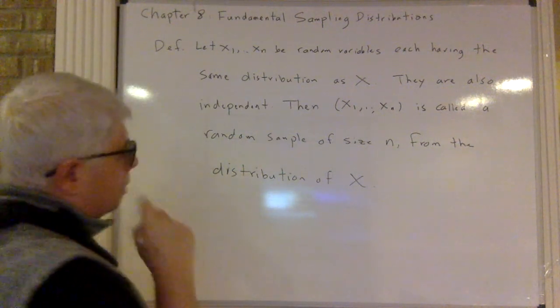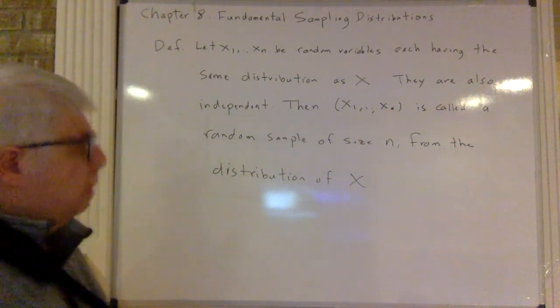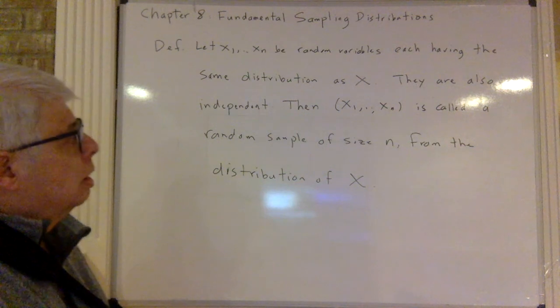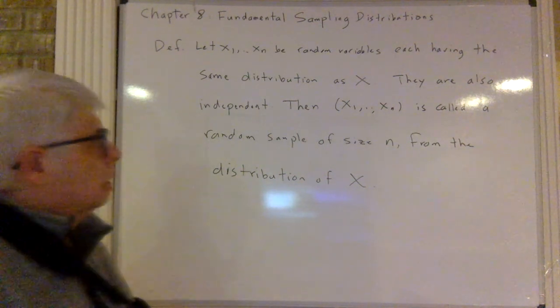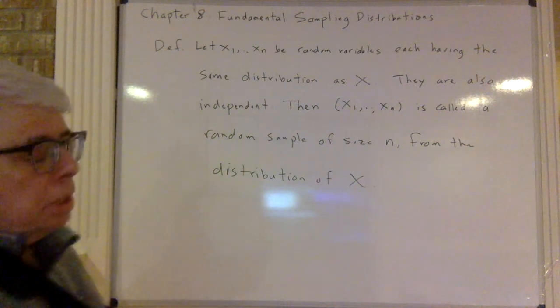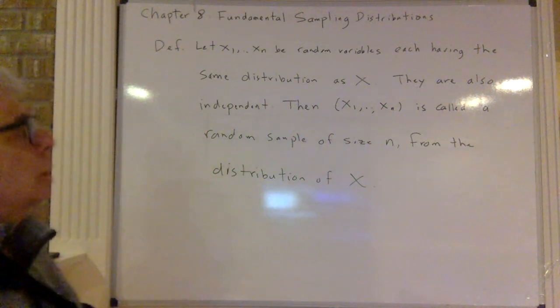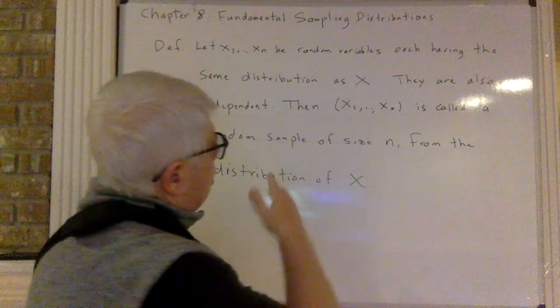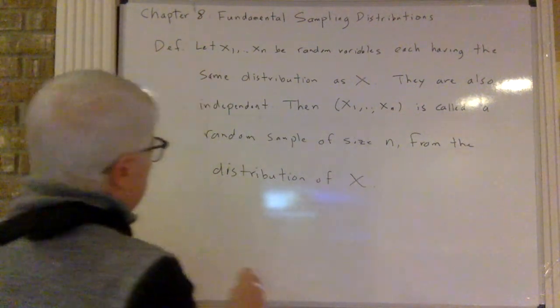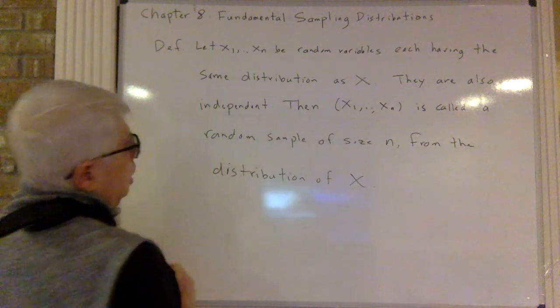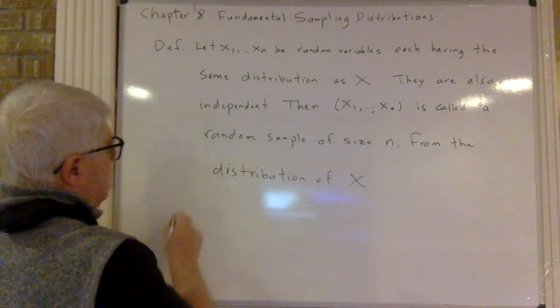So these xi's, as you see, I have written them in parentheses. It means that they have a joint distribution. So the joint distribution of these xi's has a PDF.